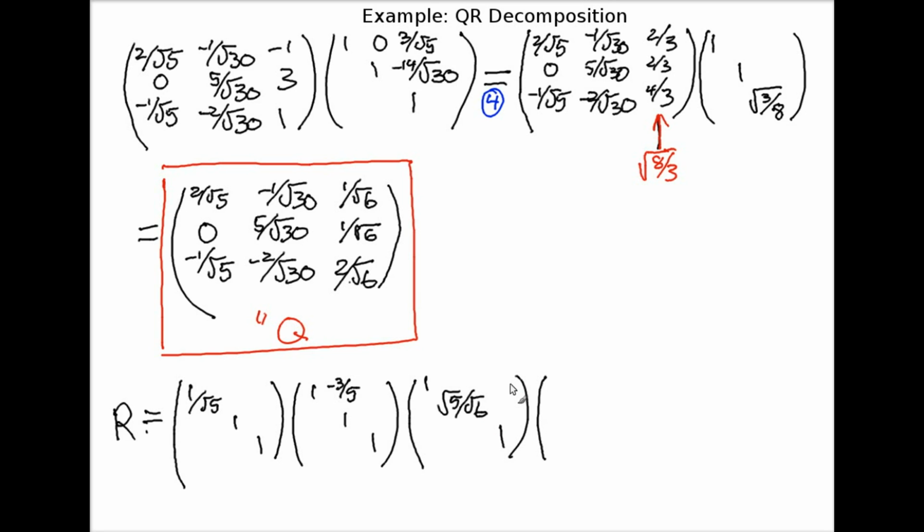And then the next thing that I did was 1, 1, minus 3 over radical 5, plus 3 over radical 5, minus 14 over radical 31, and then last but not least, 1, 1, radical 3 over radical 8. And you just need to multiply all those matrices together.